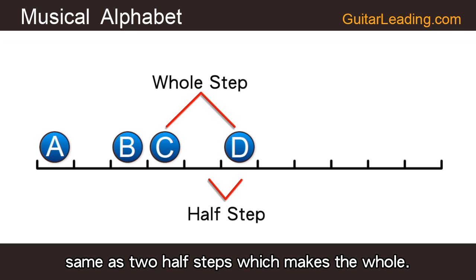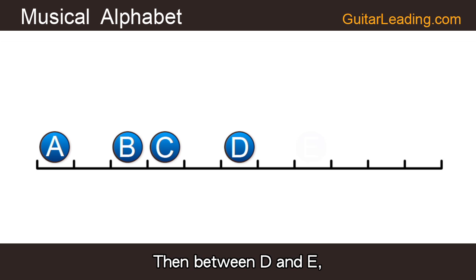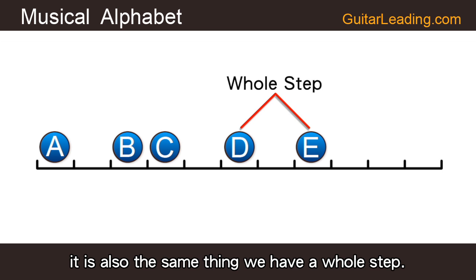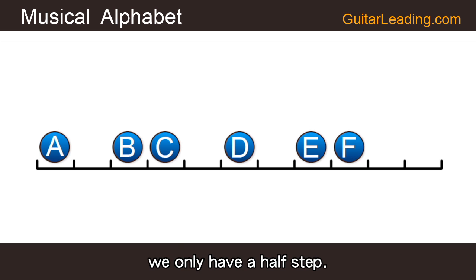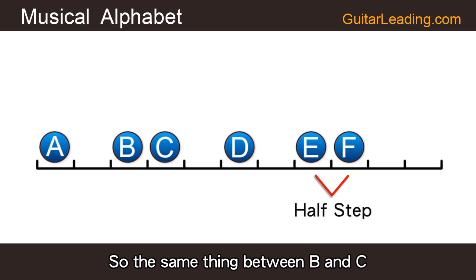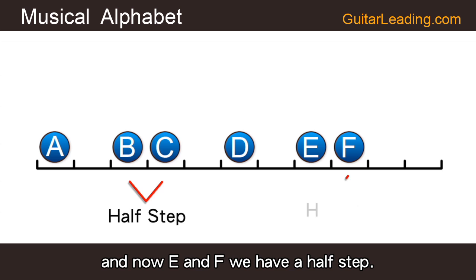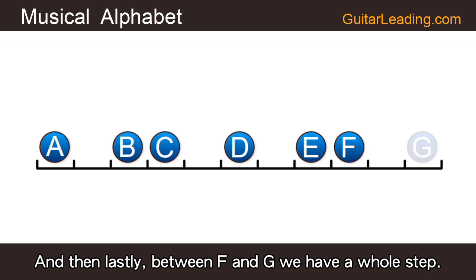Then between D and E, it is the same thing: we have a whole step. Now again, and you've got to be careful, between E and F we only have a half step. So, the same as between B and C, between E and F we have a half step. And lastly, between F and G, we have a whole step.